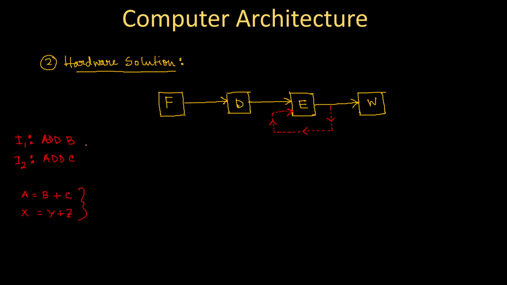But in this type of case, the execution unit should take input from the output of the execution unit itself. So there are two possibilities, either from this path or from this path, not from both, right?